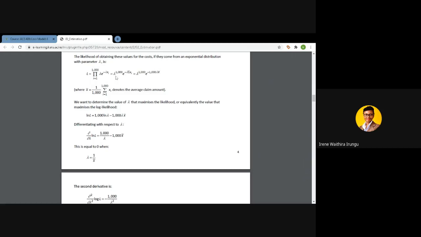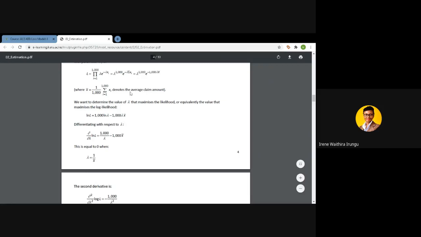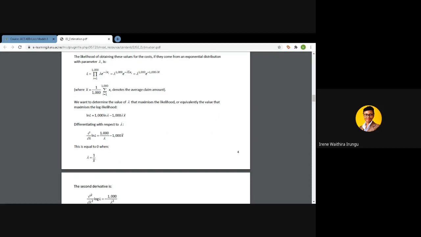So by taking that, we'll have 1000 ln of lambda, and in this case, we'll have the power, which is negative 1000 lambda x bar times the natural log of the exponent, which simply reduces to 1. And therefore, in that case, we'll simplify our equation to what we have here.